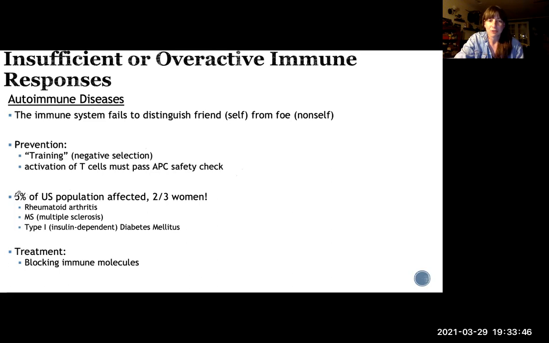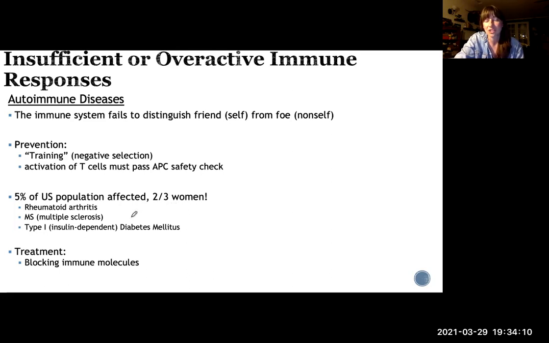Autoimmune diseases affect 5% of the US population. 2/3 of those affected are women. Weird, right? Rheumatoid arthritis, an autoimmune disease, attacks the joints specifically. MS, multiple sclerosis, an autoimmune disease, attacks the myelin around the central nervous system cells, right?